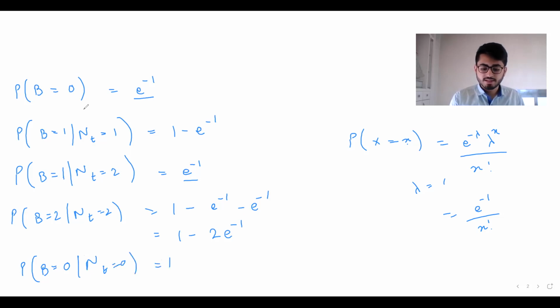So this could be written more specifically for NT equal to 1 or, let's say, 2. Either NT is 1 or 2, it's going to be e to the power minus 1 only. Let me just put NT as 1 only, and similarly for NT equal to 2. So this is what I was trying to multiply, e to the power minus 1.